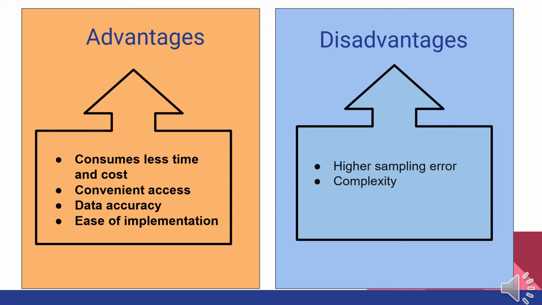The more heterogeneity between clusters and the more homogeneity between subjects within a cluster, the less accurate our estimators become. Next is complexity. Cluster sampling is more sophisticated and requires more attention on how to plan and how to analyze. For example, how to take into account the weights of subjects during the estimation of parameters and confidence intervals.